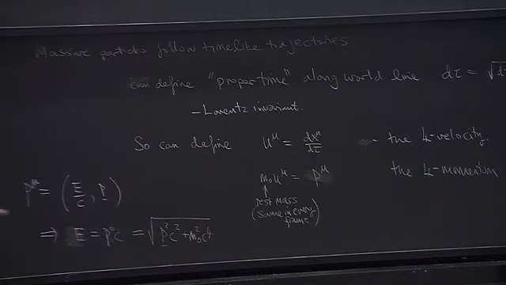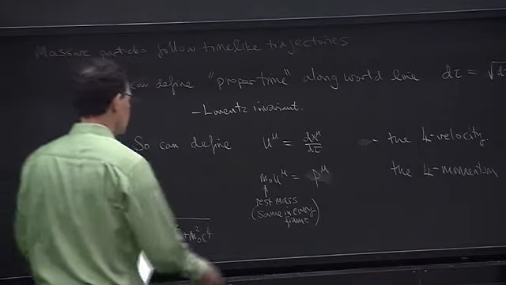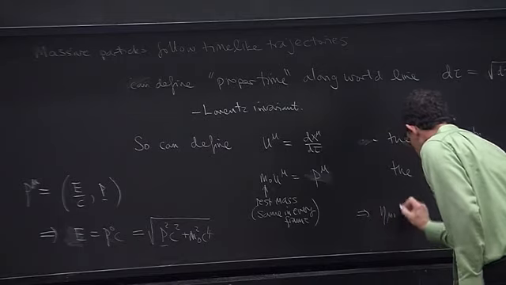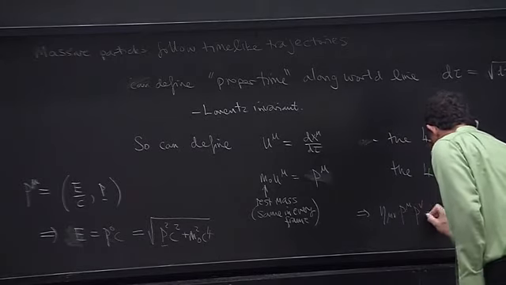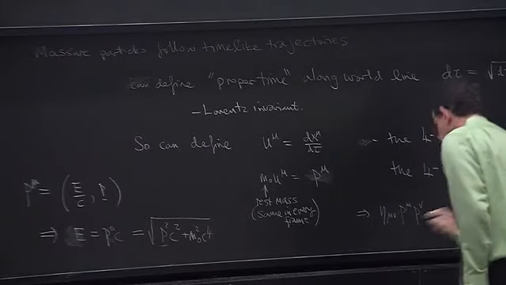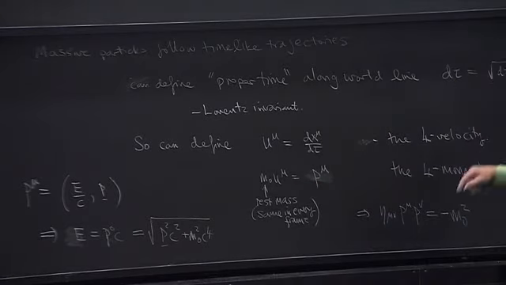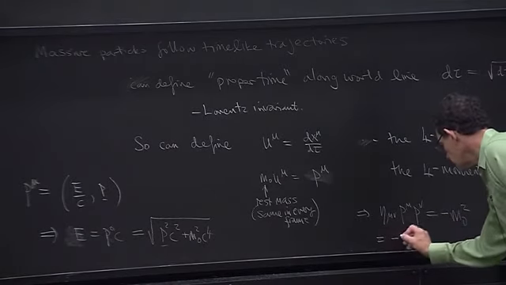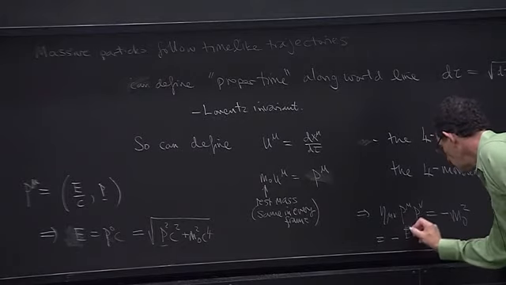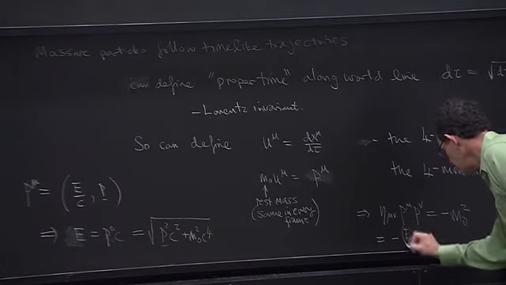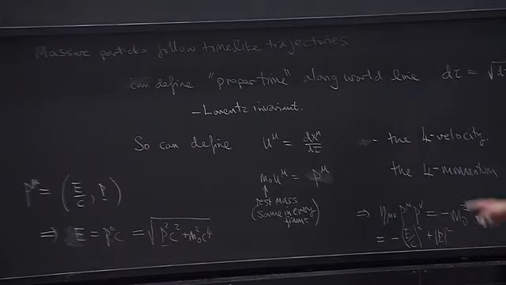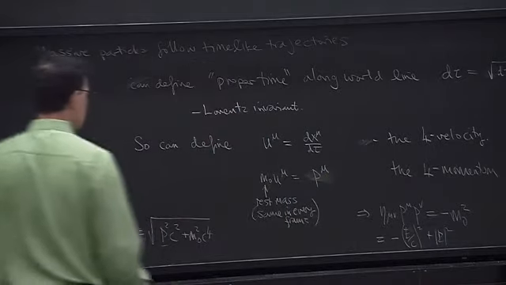Okay, this follows just from the fact that, so it follows from this equation. Obviously, eta mu nu p mu p nu is just minus m naught squared c squared, right? If I take this and I use that u squared is -1, then p squared is minus m squared, and now I can write this as minus (E over c) squared plus p squared, and solve for E, and I get this formula.